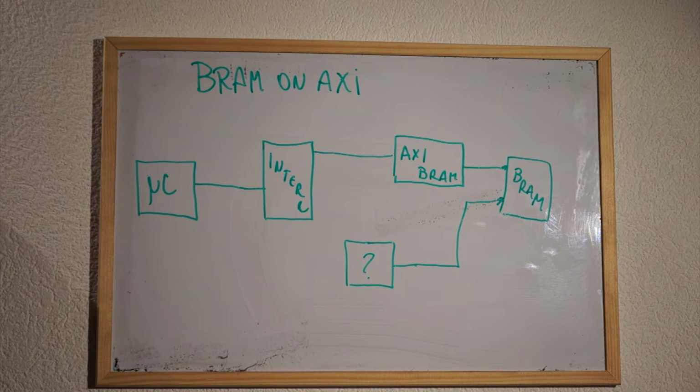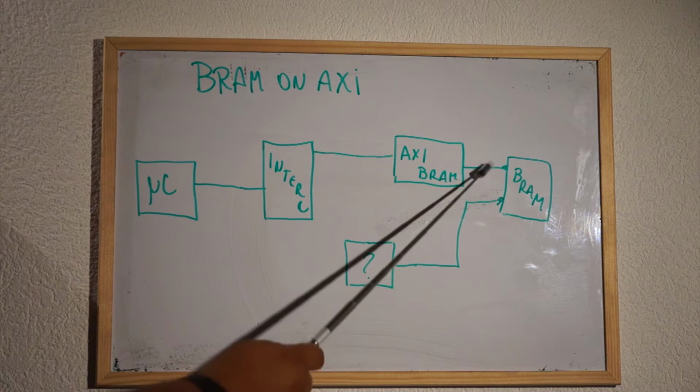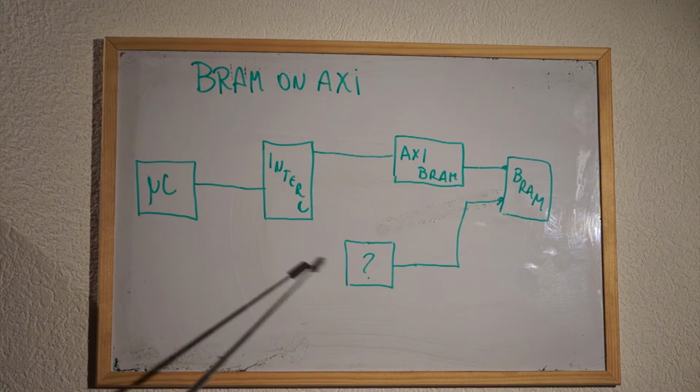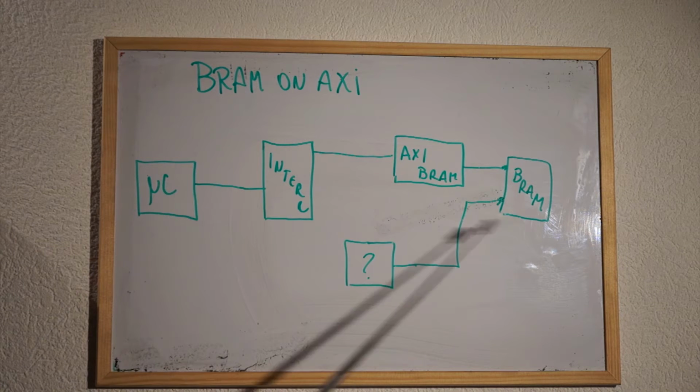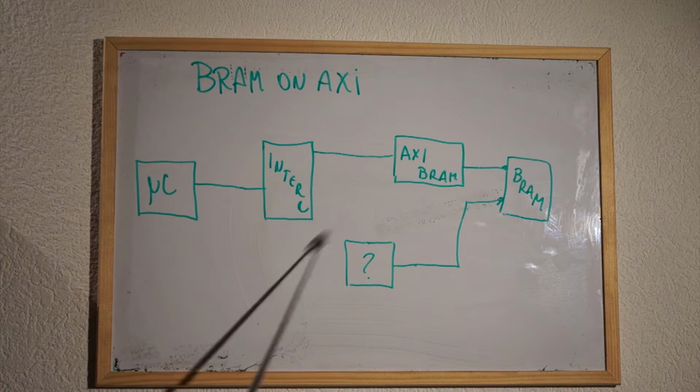Those block RAMs can have multiple ports, so you can have, for instance, your microcontroller reading data from the BRAM while you have an IP core that is writing data to the BRAM. We're going to see in more detail how to do this in the lab.